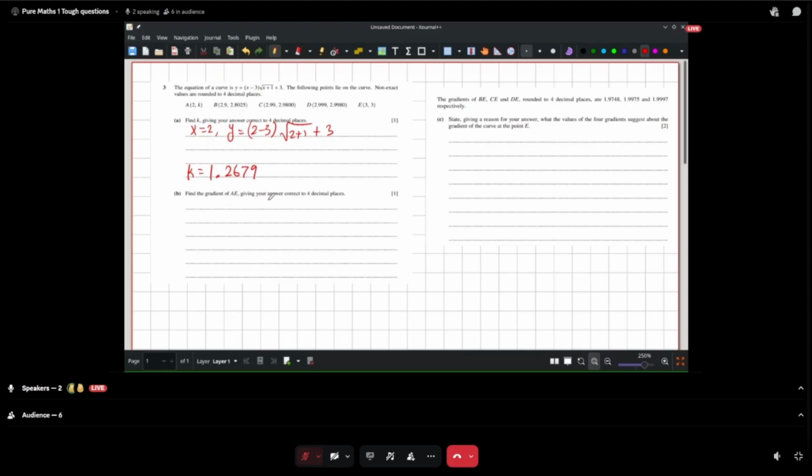Okay. Then find the gradient of AE. The gradient is just the change in y over change in x. So this is 3 minus 1.2679 divided by 3 minus 2, which is 1.7321.